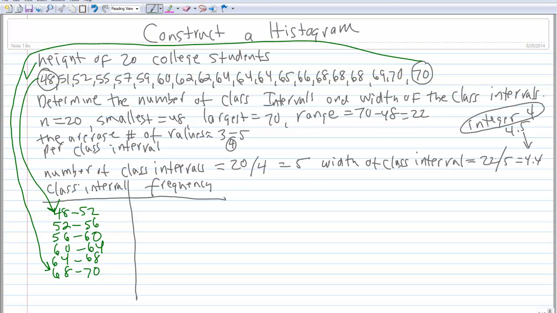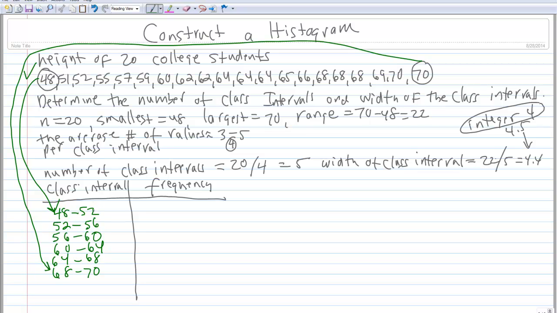Now what we do is we go through the data and we count how many values are in each class interval. Understanding that when we're counting those values to get the frequency, we want to count values in this interval that may include 48 but exclude the 52. You'll see that 52, for example, is occurring in 2 class intervals. So if the value is 52, we're not going to put it in the first class interval, we're going to put it in the second class interval.